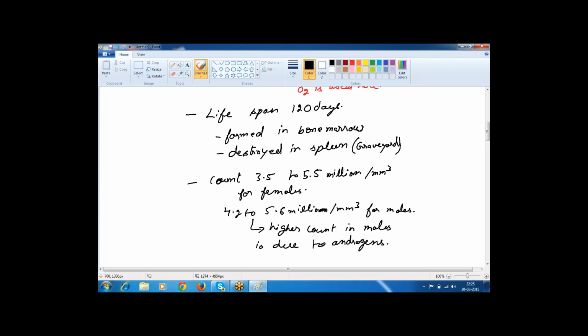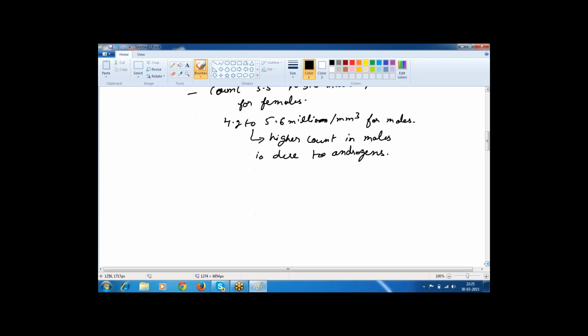Then another way to observe the count is hematocrit. Either we'll go for the actual cell count or we can go for the hematocrit. What is hematocrit?